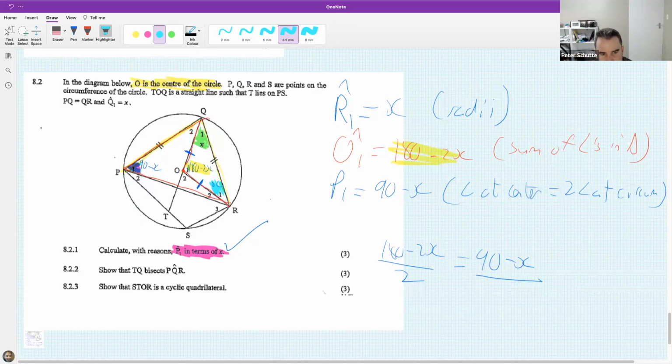What technique do you think I'm going to use to try and show how I cut this in half? What technique do you think I could use? I think I need to show that this angle is equal to x. If I show Q2 is x, then I know that this line cuts it in half.